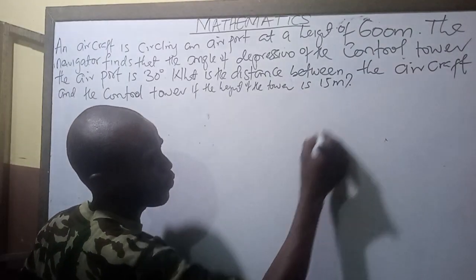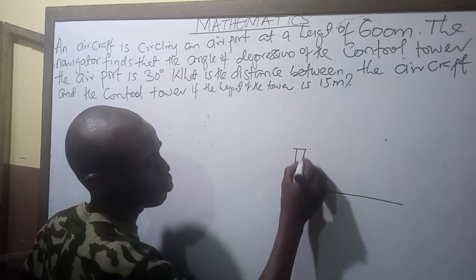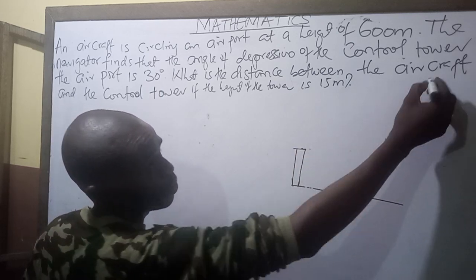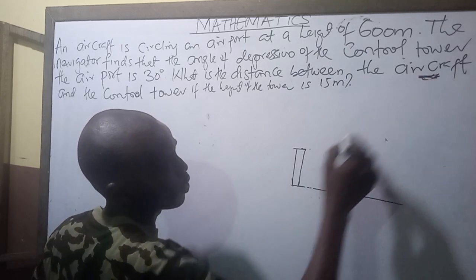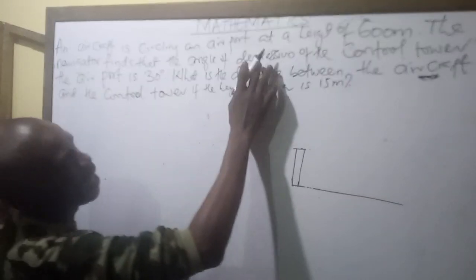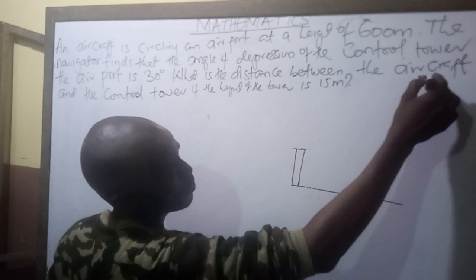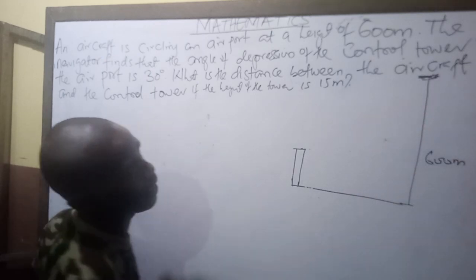A tower, normal ground, you have a tower. A tower is an island where you can easily view where the aeroplane is coming from. The question said that our aircraft is circling an airport at a height of 600 meters.